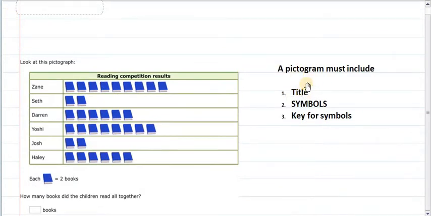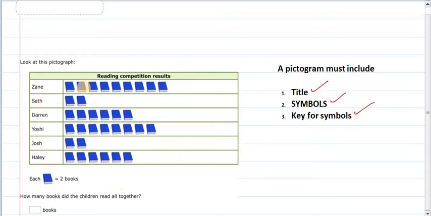Before starting a pictogram, there are certain rules that you can see written on the screen. A pictogram must include a title, symbols, and a key for the symbol.